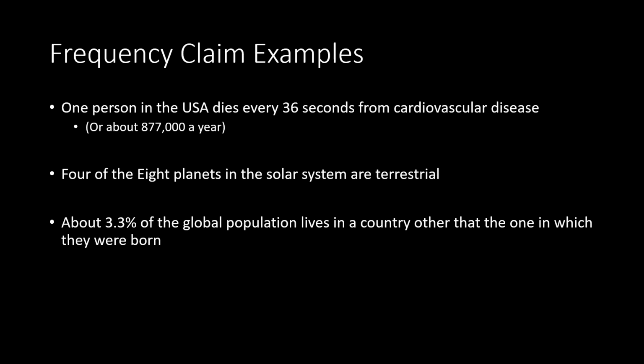Notice all of these are ultimately talking about how many of a certain type are either this, there, here, something to that effect. And note that in each of these claims, we can talk about one specific quality: the number of people who are dying because of a specific disease, the number of planets that are a certain way, the number of all human beings on this planet who live somewhere other than where they were born.